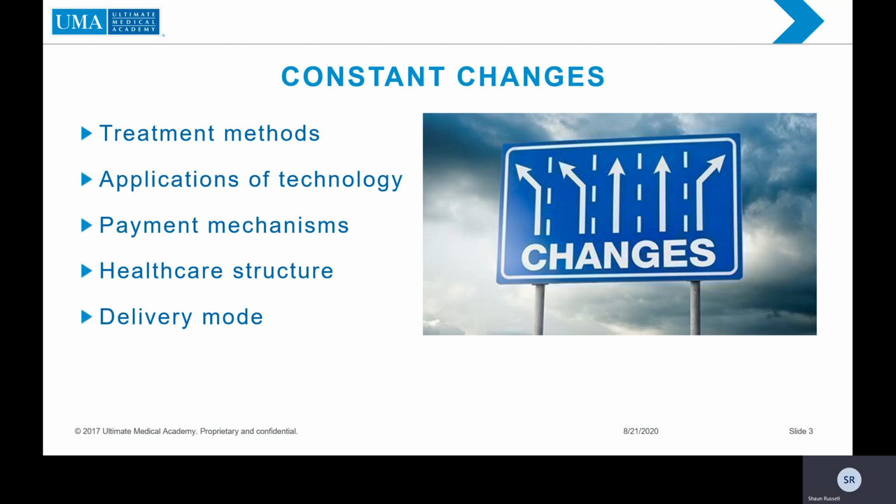First one, treatment methods. Well, if you think about what was done just 150 years or so ago, some of those things might be considered barbaric or outright hazardous today. For example, when X-rays were first implemented, they gave off dangerously high amounts of radiation, and little to no effort was taken to minimize any exposure.